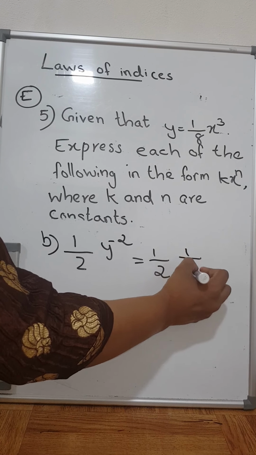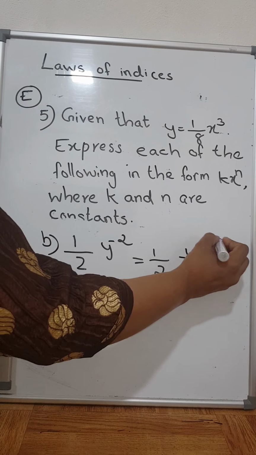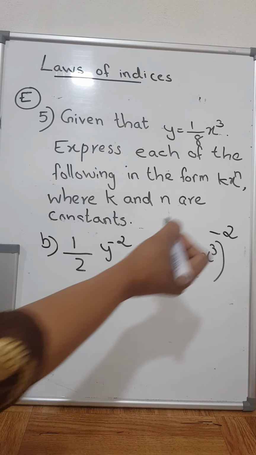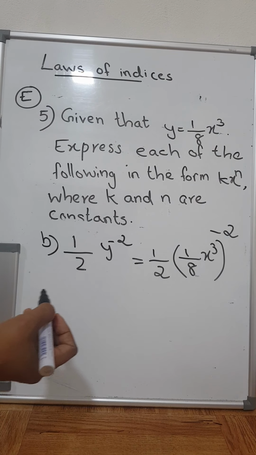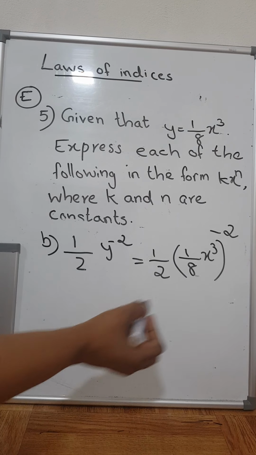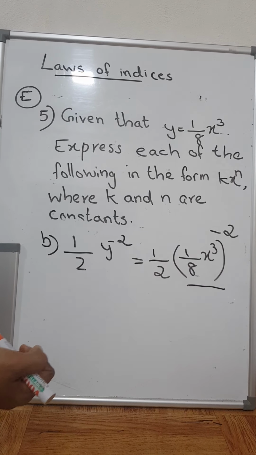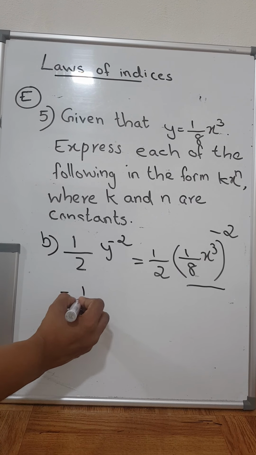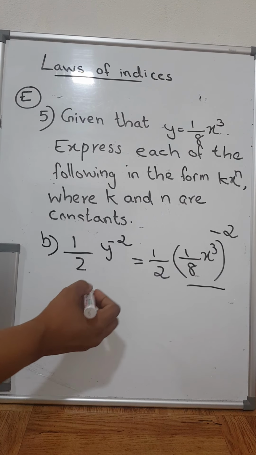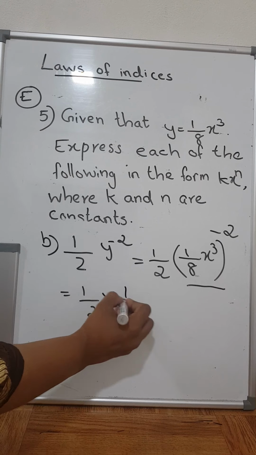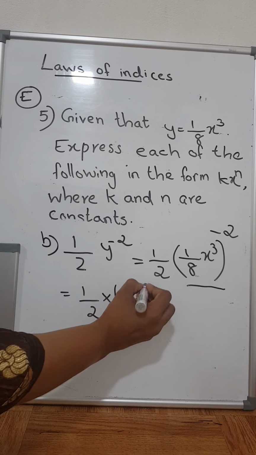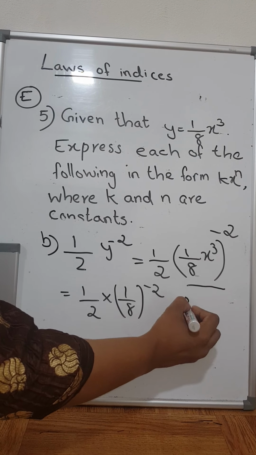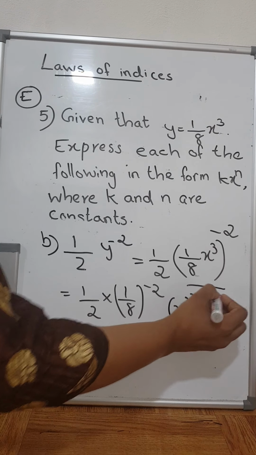So instead of y, we will write (1 by 8x cubed) whole to the power minus 2. Now we just need to simplify it, removing brackets. So half times 1 by 8 to the power minus 2 times x cubed to the power minus 2.